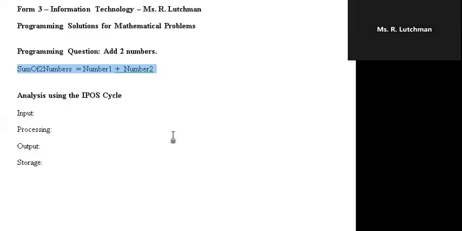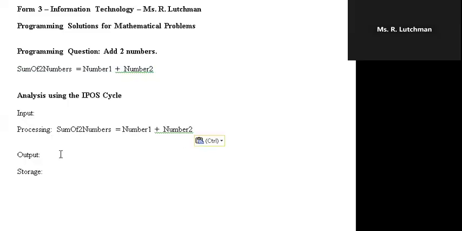So I'm just going to copy that there. Processing is done. Now, in processing, we know that this is the answer. But in order to get this answer, we need these two things here: Number1 and Number2. So these two are going to be our inputs. We need Number1, we also need Number2. Our output then would be this answer.